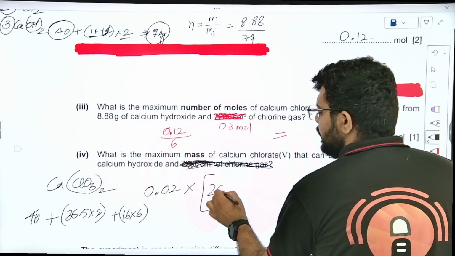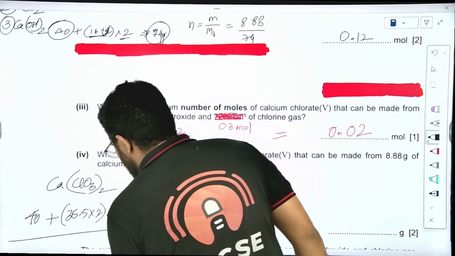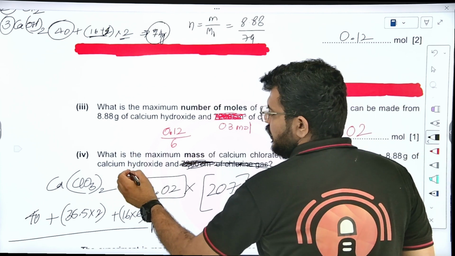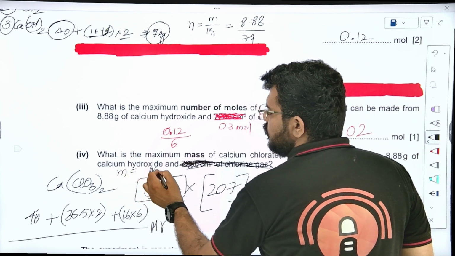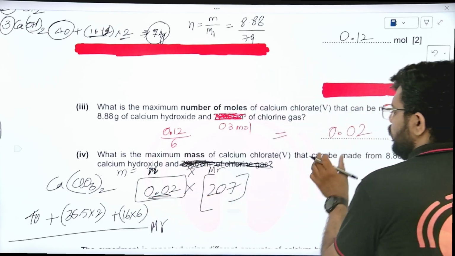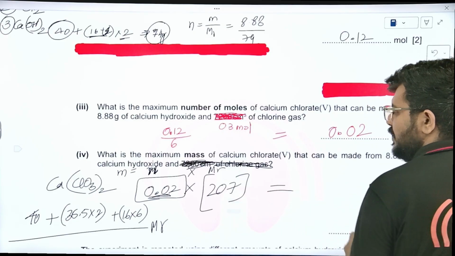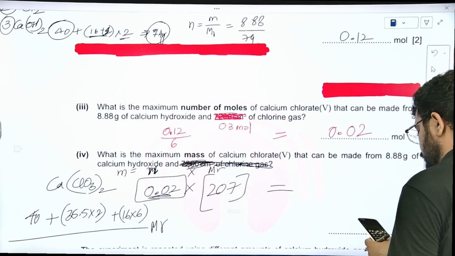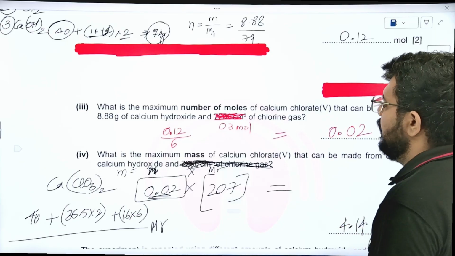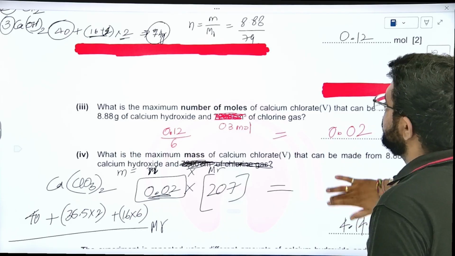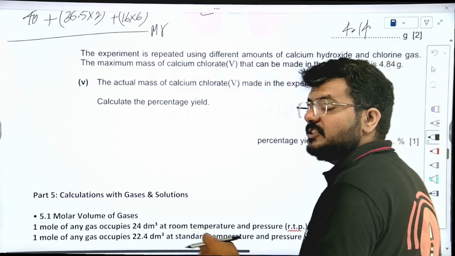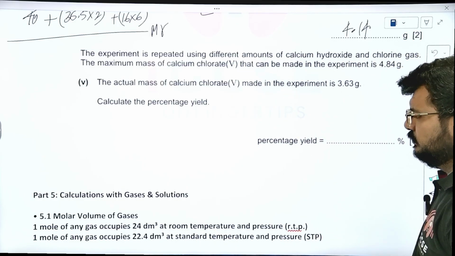So 207. What did I do? I first found out the Mr. Now I already have the number of moles, so I used the formula that m is equal to n into Mr. This is the number of moles from the previous answer. Mr is 207. So 207 into 0.02 gives me 4.14 gram of calcium chlorate that can be made from this mass of calcium hydroxide and that mass of chlorine.